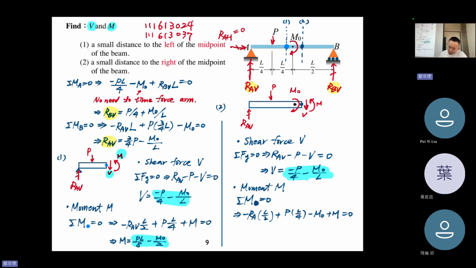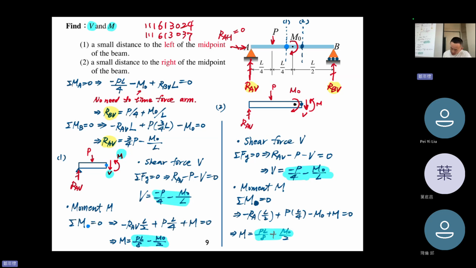What is minus M naught? Of course, this is M naught here, and it will give a clockwise moment. So it has minus M naught in this balance. And then we can obtain the M here equal to PL divided by 8, M naught divided by 2 with the plus sign.